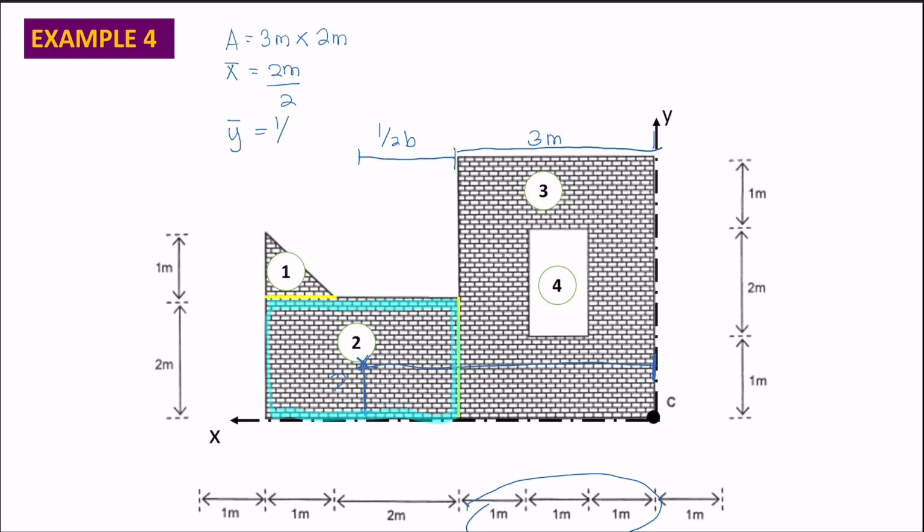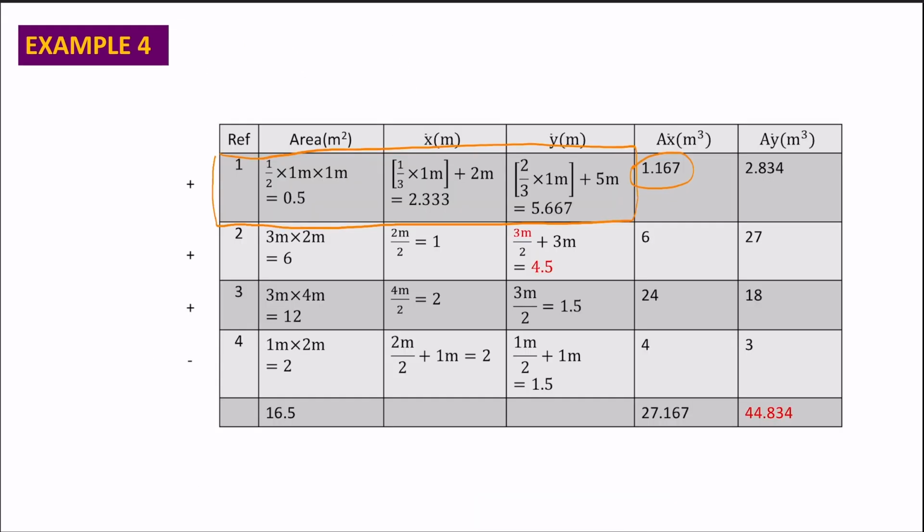Therefore, 1/2 times 3 meter plus 3 meter. You can refer to the table here. The calculation is similar. Repeat the process for AX bar and AY bar.